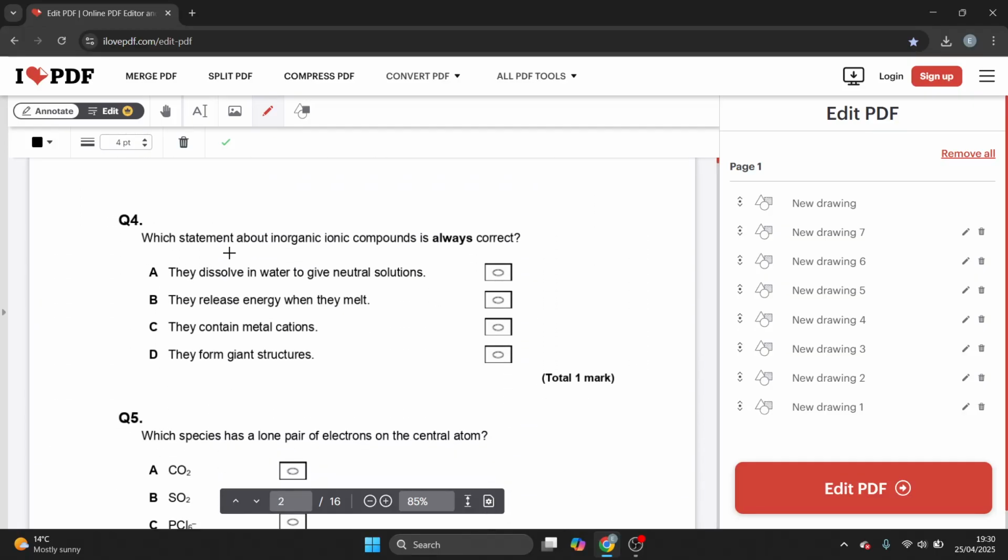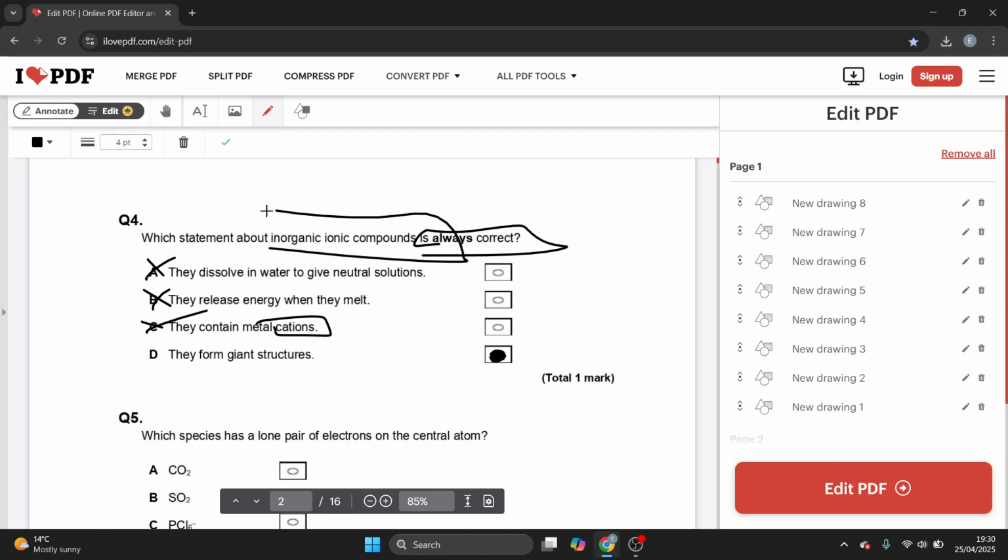Which statement about inorganic ionic compounds is always correct? They dissolve in water to give neutral solutions. No. They release energy when they melt. No. They contain metal ions. Metal cations, or positively charged ions. No. They form giant structures. Yes.